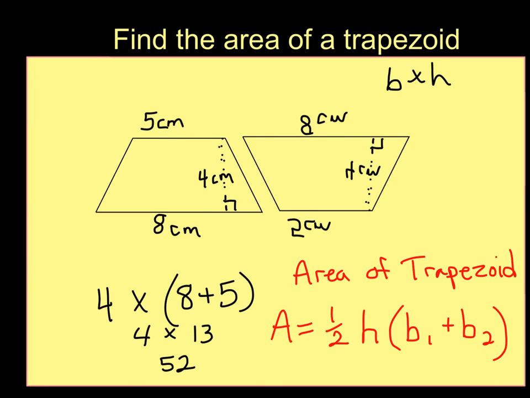So we were taking a half of the parallelogram formula, which was the base times the height. So the area of a trapezoid is going to be basically the height, right here, times the two bases, and then we're going to take half of it.